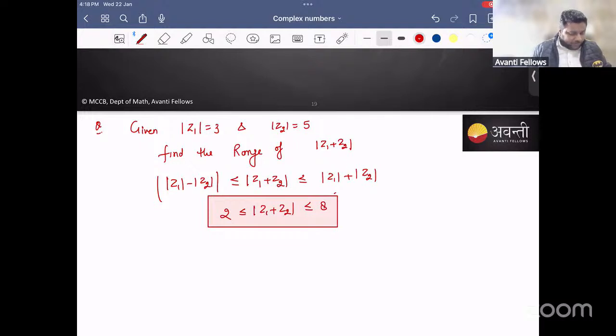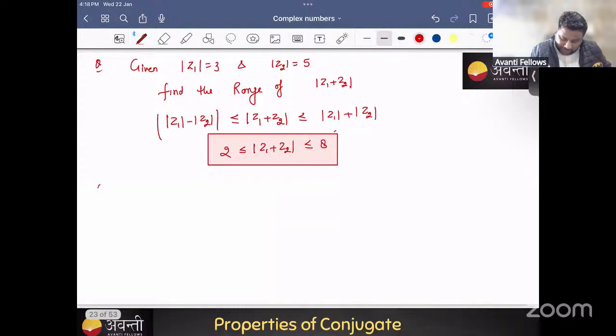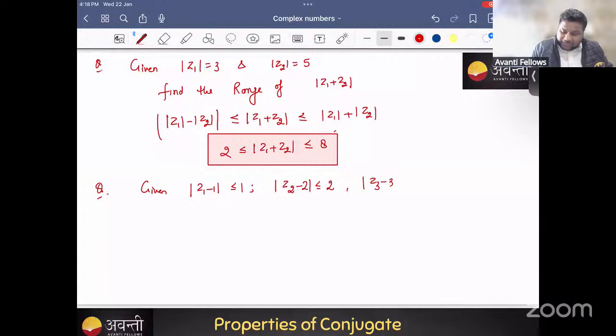But we will do another problem, a little bit better problem. Given magnitude of Z1 minus 1 is less than or equal to 1, magnitude of Z2 minus 2 is less than or equal to 2, and magnitude of Z3 minus 3 is less than or equal to 3. Now they are asking you to find the greatest value of magnitude of Z1 plus Z2 plus Z3.